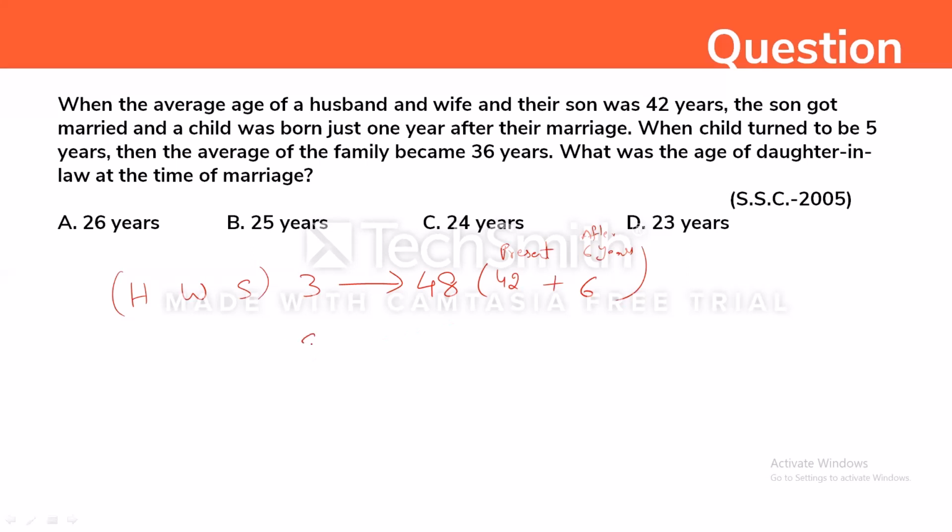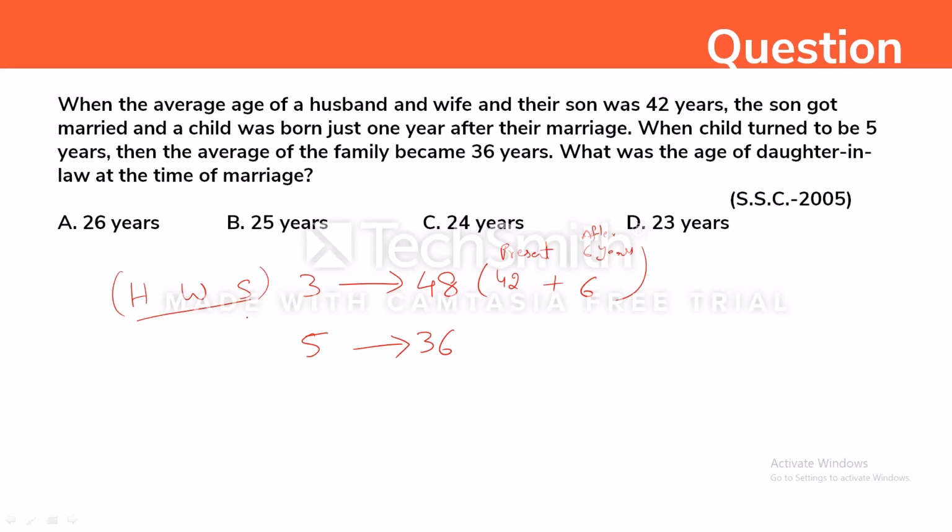Now five members are there. After 6 years the five members' average is 36 years. Why am I taking after 6 years? If you consider the present scenario, initially only husband, wife, and son are there, only three members. Son got married, daughter-in-law came into the picture.